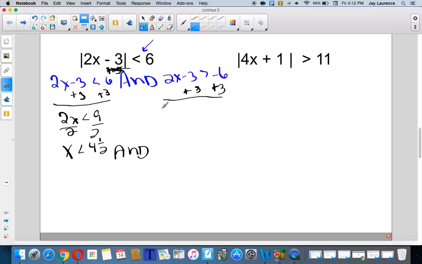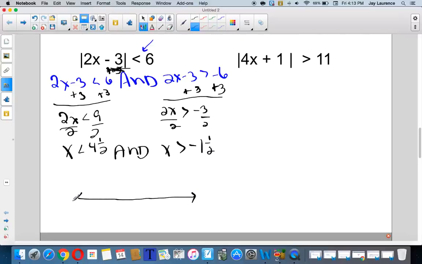Now I add 3 to both sides, and I'm going to get 2x is greater than negative 3. Divide by 2, divide by 2, and then x is going to be greater than negative 1 1/2. And I can go to a number line and graph this. I have my number line.